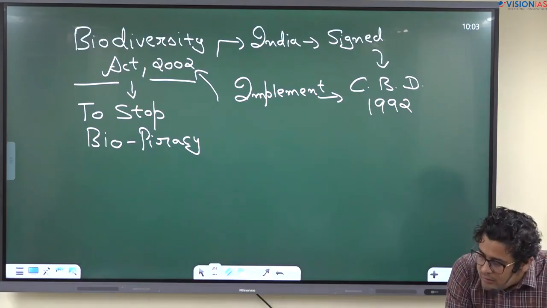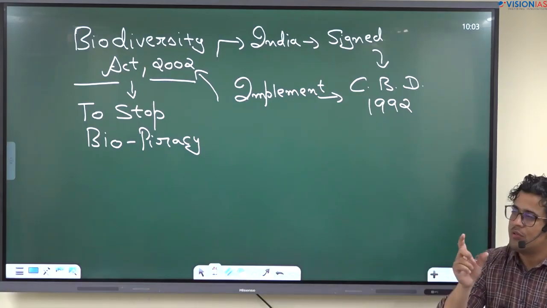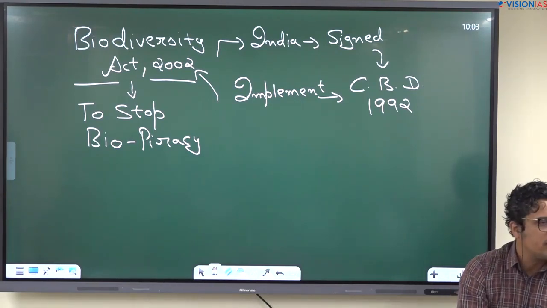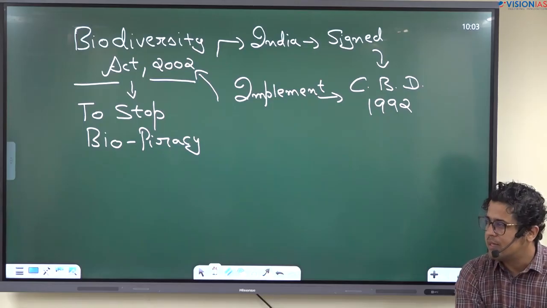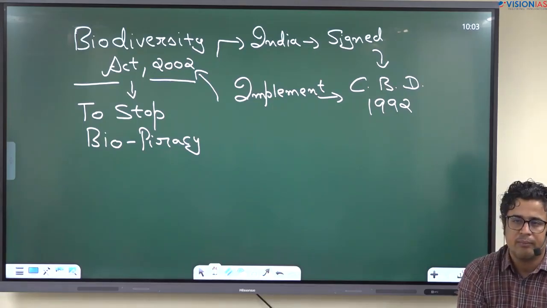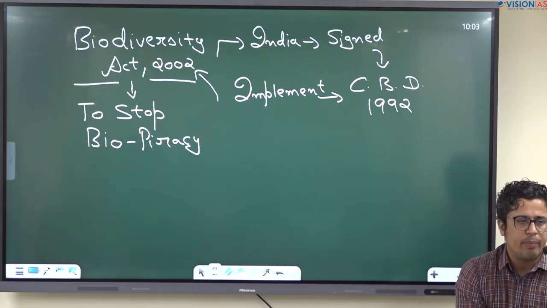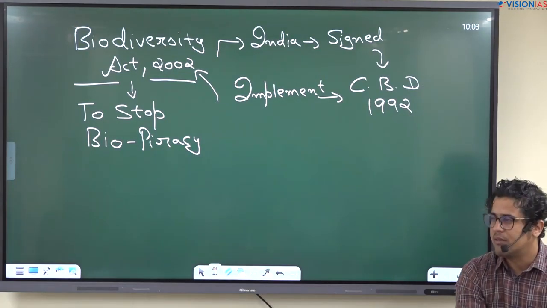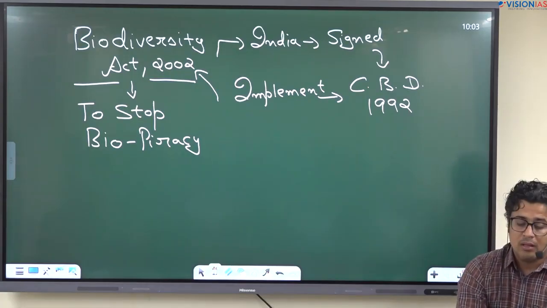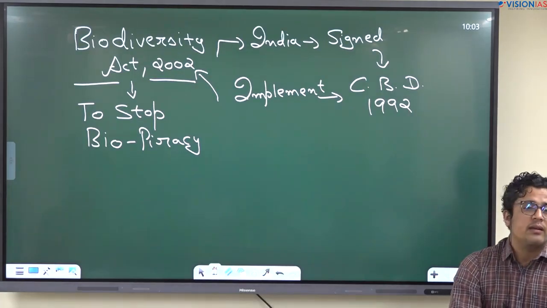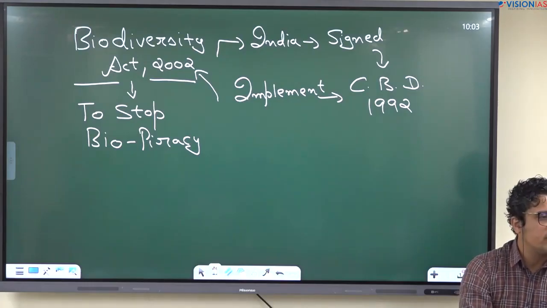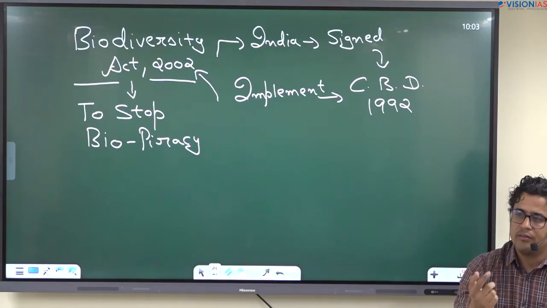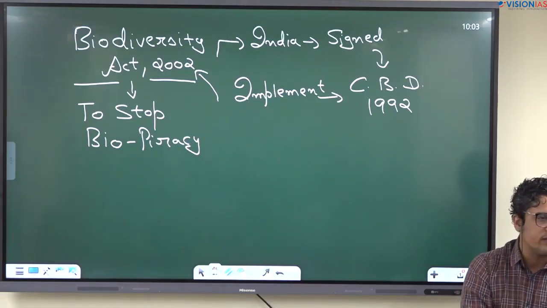The word piracy you associate with the movie industry: a movie is released and its print comes on the internet the same day, the movie is leaked. You associate piracy with software too, when a software is released and it's present on the internet. Biopiracy is a word associated with the environment, when someone steals your knowledge and ideas.